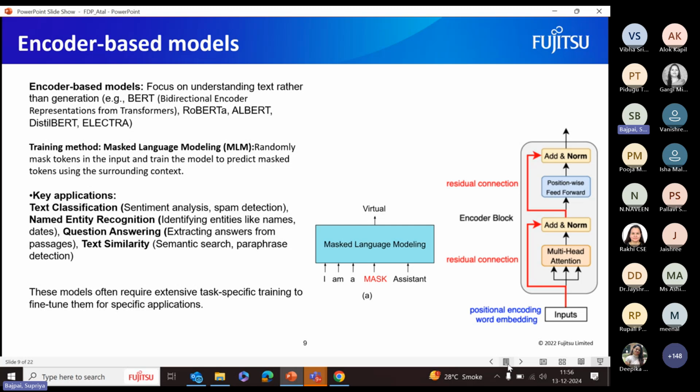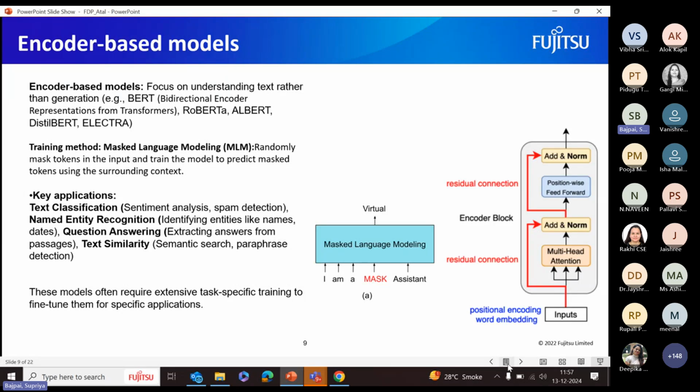It reads the whole sentence at once. Suppose I want to predict a word, a fill in the blanks kind of thing. If it is "I am a blank assistant," the system wants to fill up this blank.